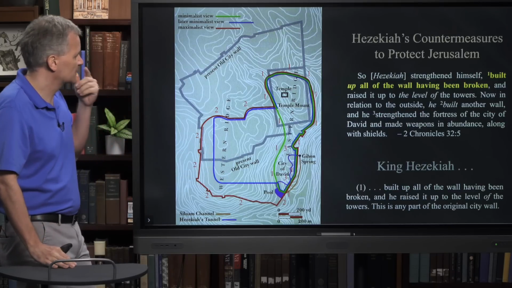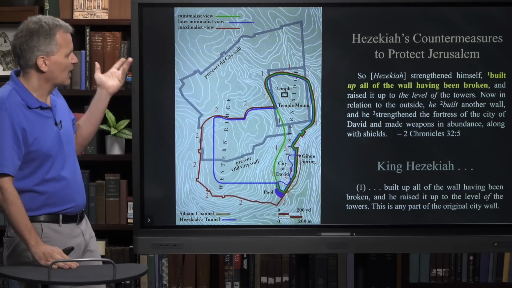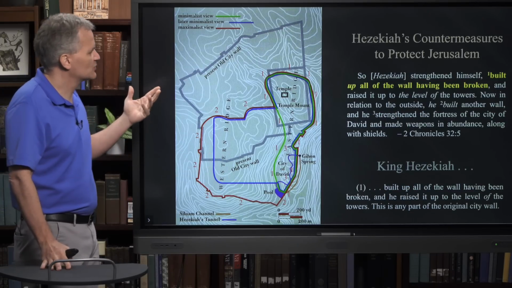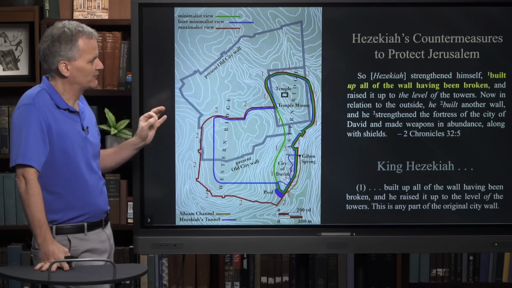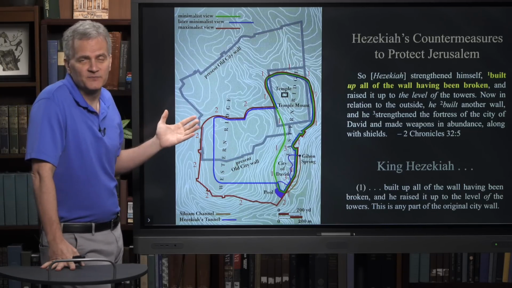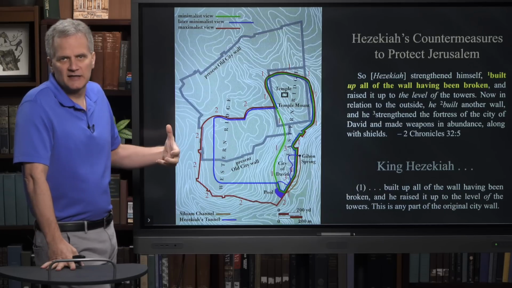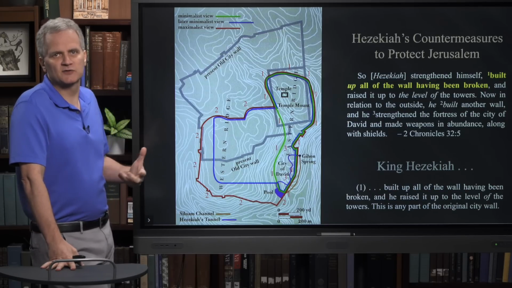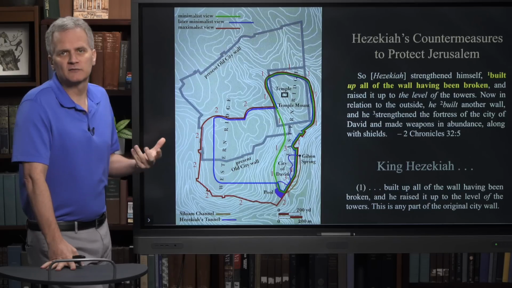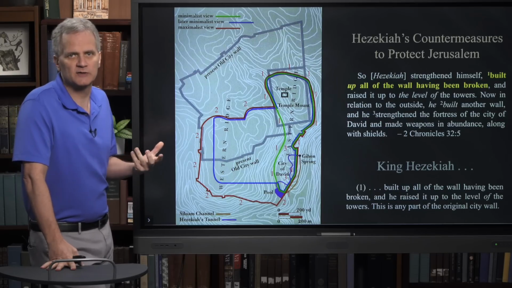So here's the text. Hezekiah, and that's implied, he, but Hezekiah is who is meant here. So he, Hezekiah, strengthened himself. I guess the first thing he had to do is kind of gird up his loins, gain some moxie, gain strength, gain trust, acquire courage like Joshua did.